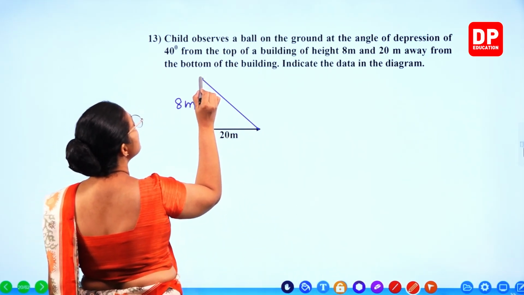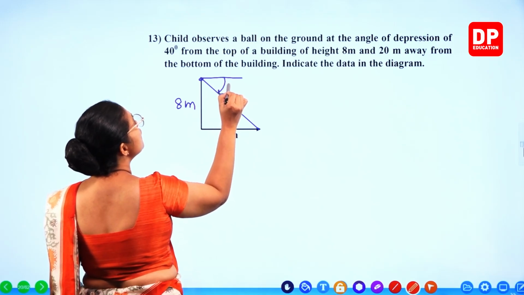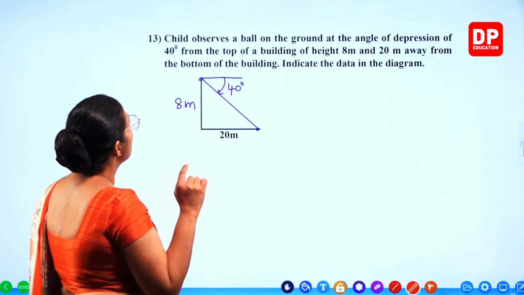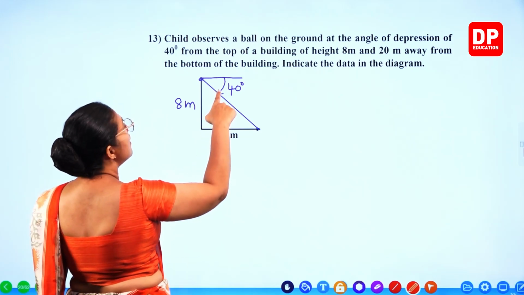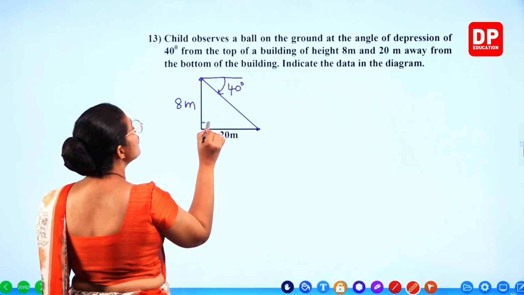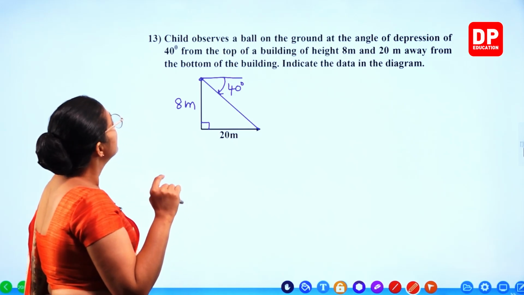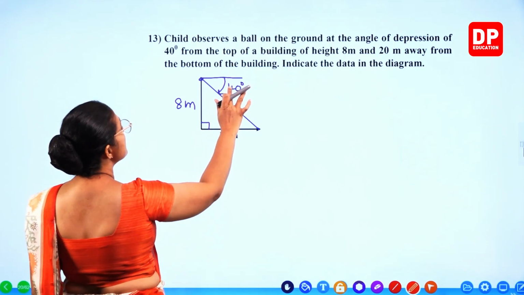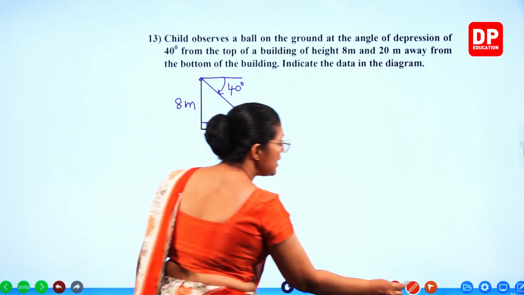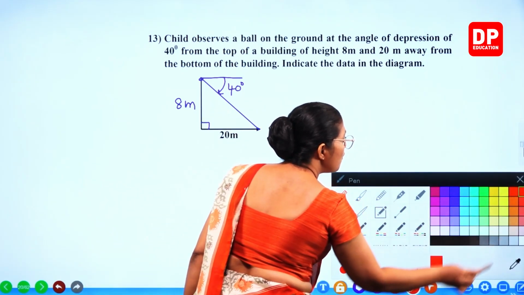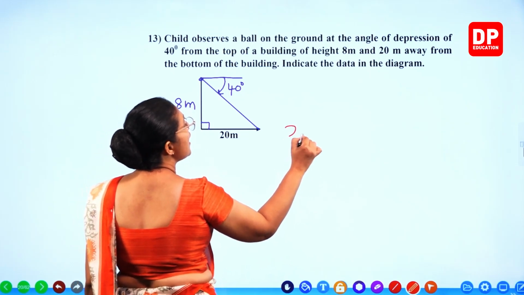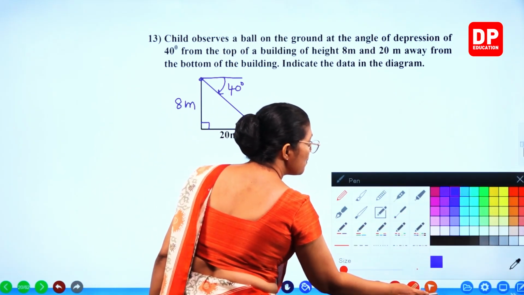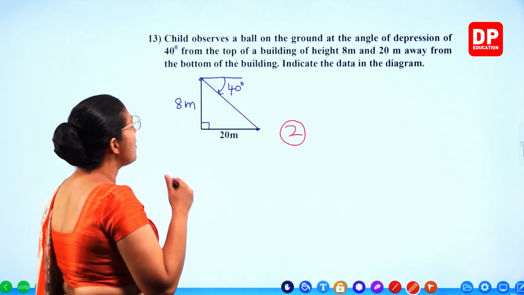So what is 40? This angle is 40 degrees with the horizontal line. And this one is 40 as well. So this is 90 degrees. Indicate the data in the diagram. So you can show that this is 8 and 90 degrees. For all three, we can give 2 marks. If one is not there, that means you are getting half of the marks.